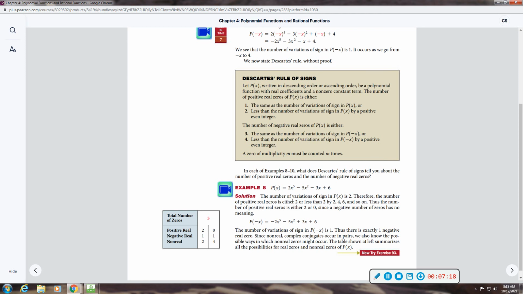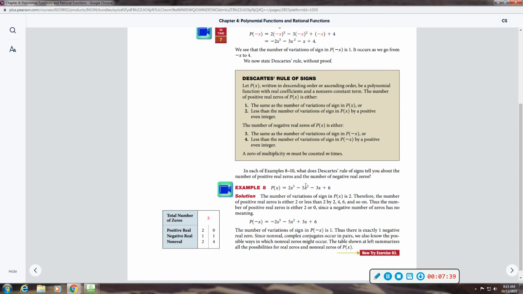So when you do the negative, the only thing that's different is that every term that has an odd power, those signs will change when you plug in the negative x. So notice the 5th power was positive, but now it's negative.